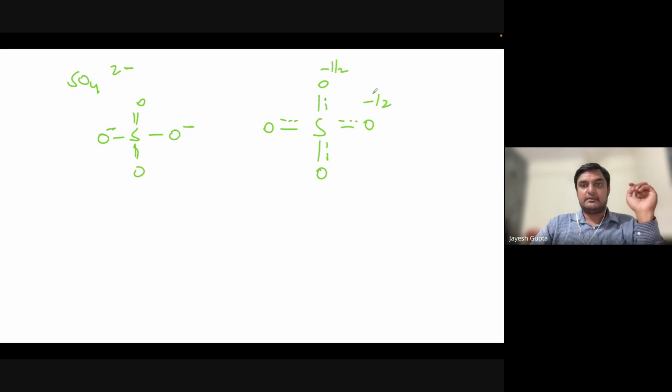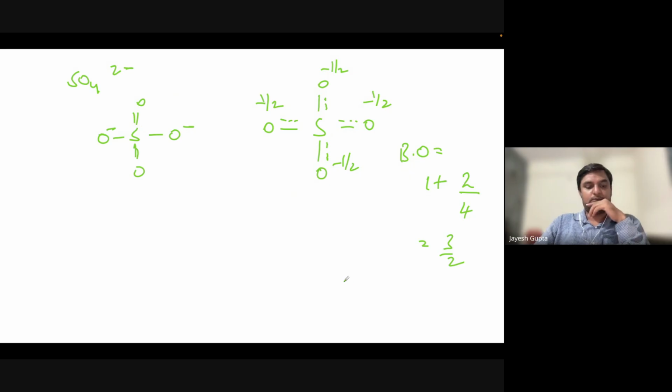Minus half, minus half, minus half, and minus half. And bond order, if you talk about, there are 2 pi bonds and 4 sigma bonds. So you are getting 3 by 2. No, sorry, 6 by 4. Yeah, 3 by 2.